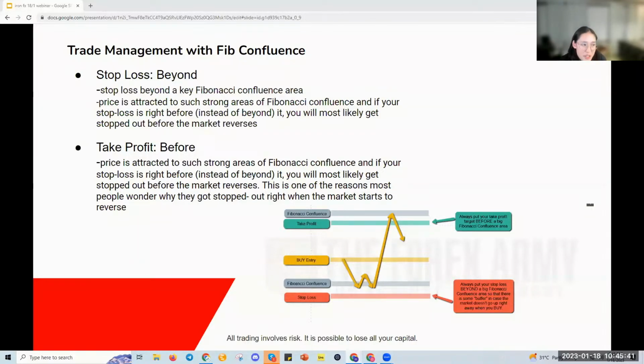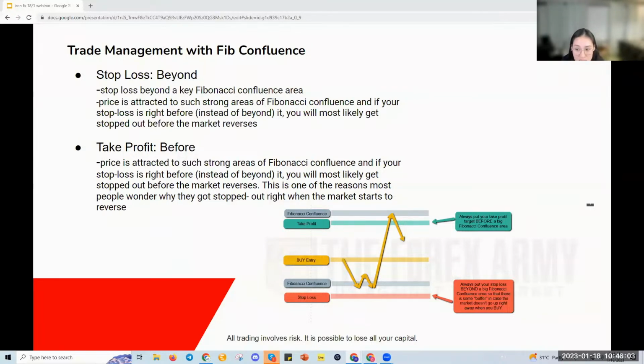So here's some trade management tips with the Fibonacci confluence. So for stop loss, it should always be beyond the key Fibonacci confluence area. The reason for this is because more often than not, price is attracted to such strong areas of Fibonacci confluence.